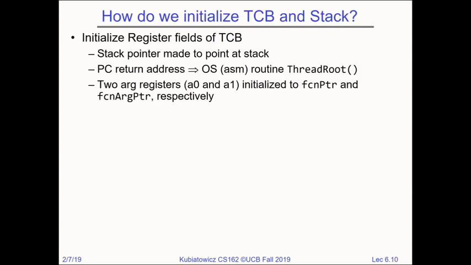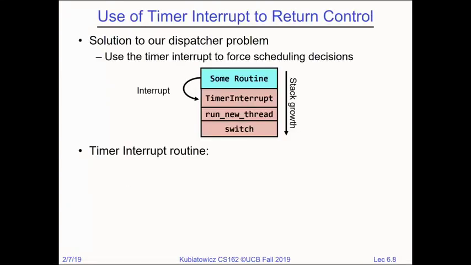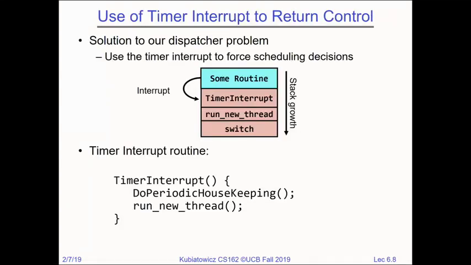So how do we initialize the TCB and stack? We have to set registers and fields of the TCB to reflect the fact that this thread is not yet running. So wait a minute, what did I mean by that? If you look, what is the state of a thread after switch?